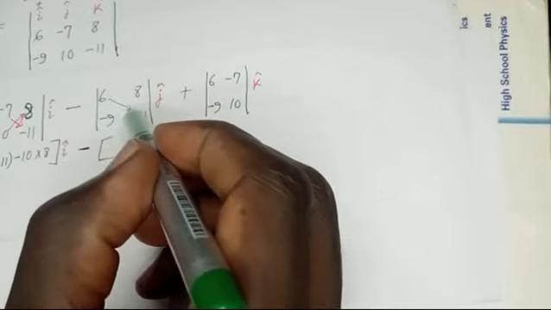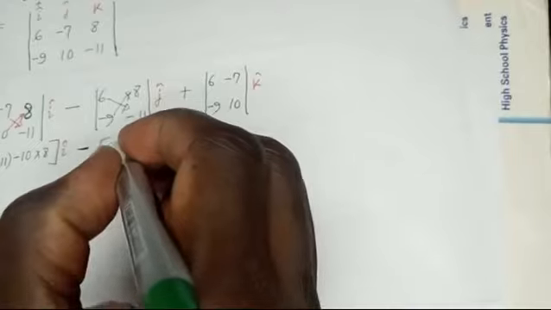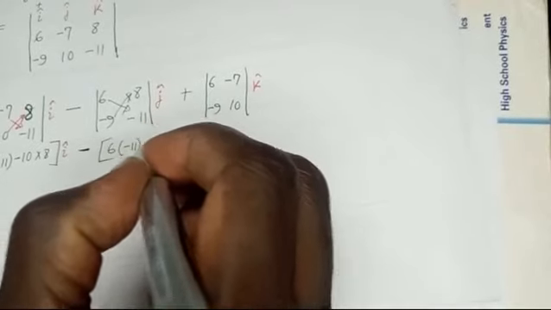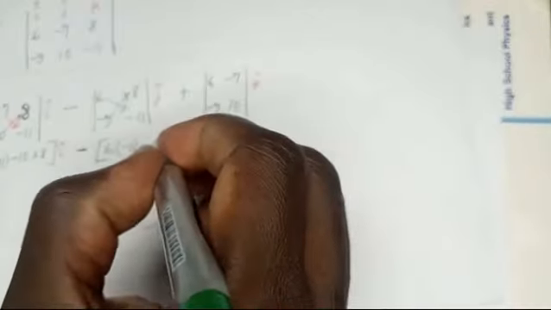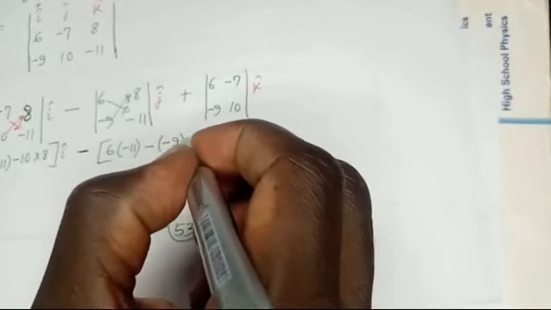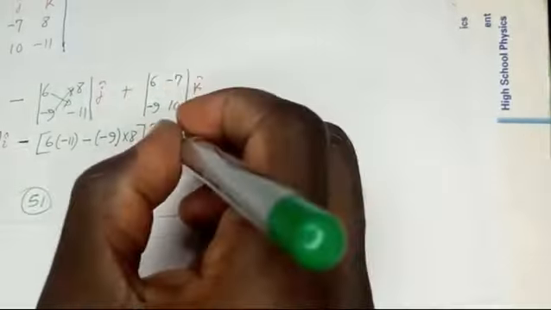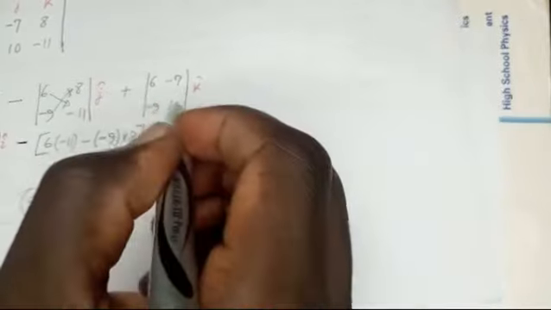Again, I have my bracket. Now this one times this one minus this one times this one. So 6 into negative 11 minus, this is negative, so I will put it in bracket, negative 9 times 8. So this is all I have for my J cap. Then I will now say plus, then I open another bracket. They are positive.